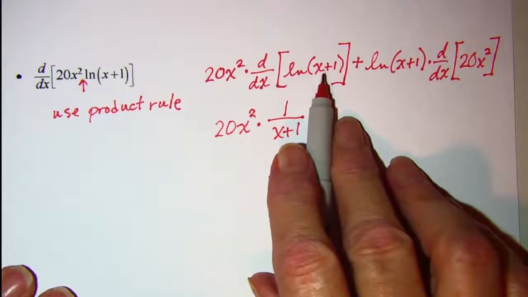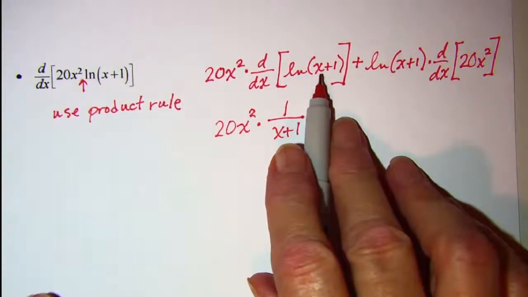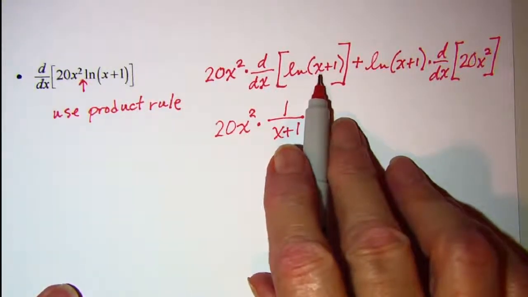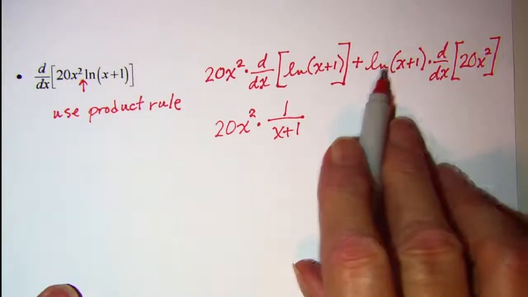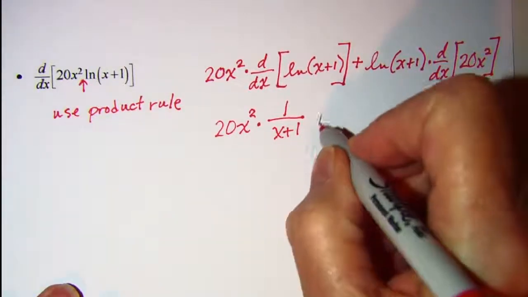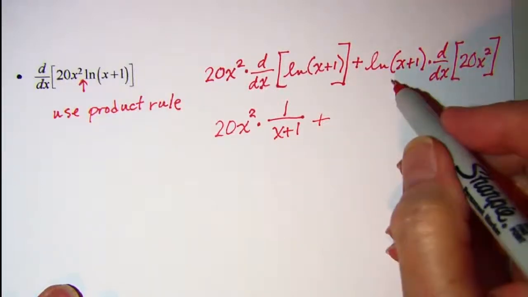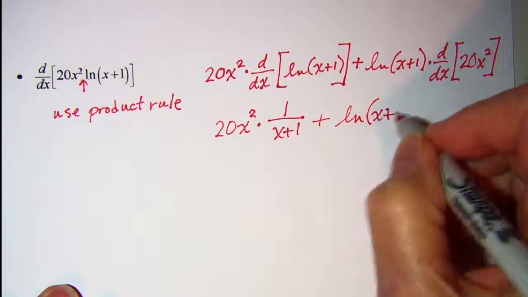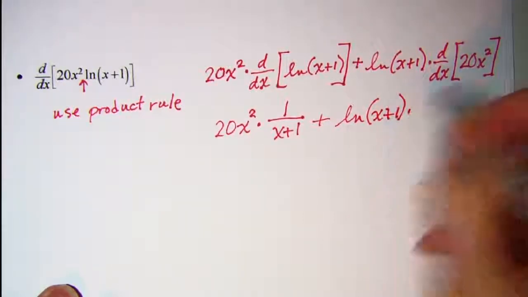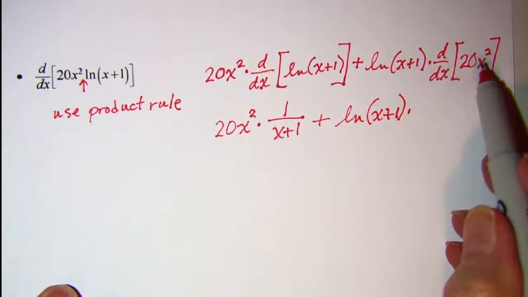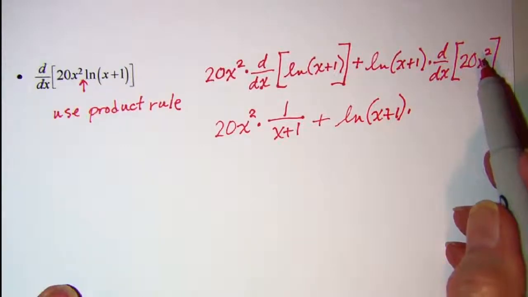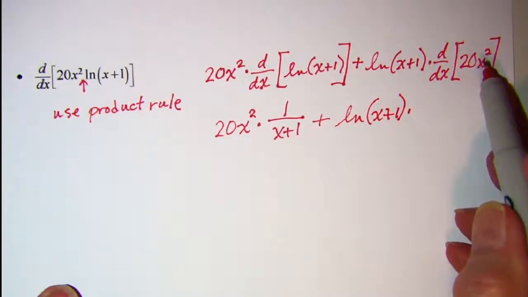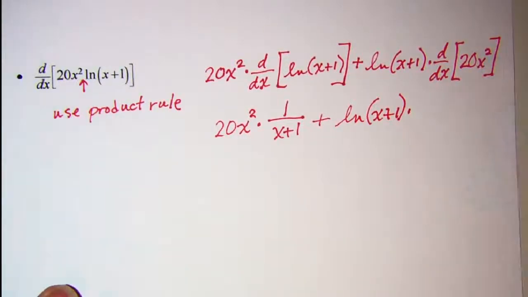So it's not necessary to do u substitution there. And here I have plus ln x plus 1, and then the derivative of 20x squared is 40x.